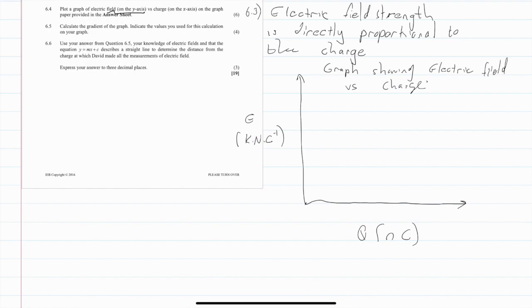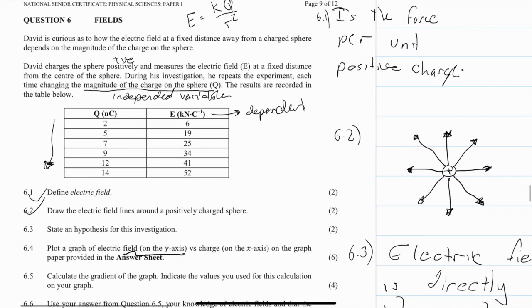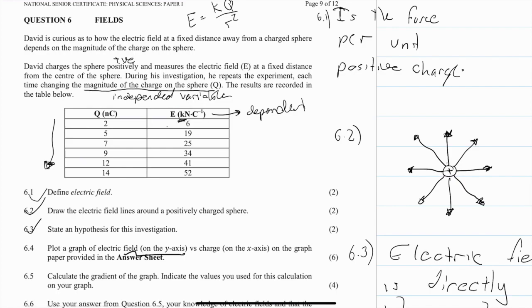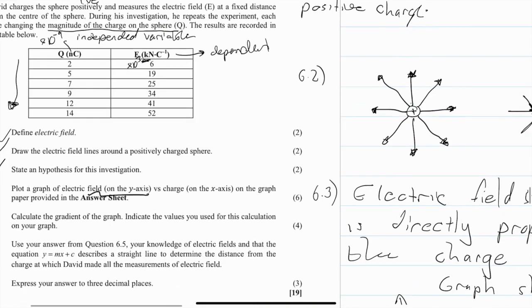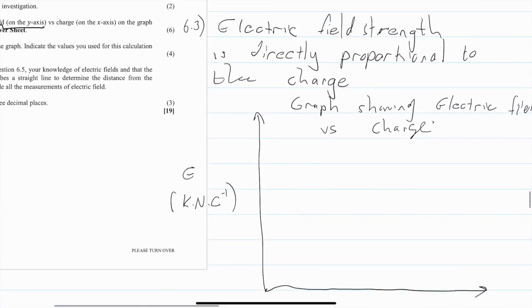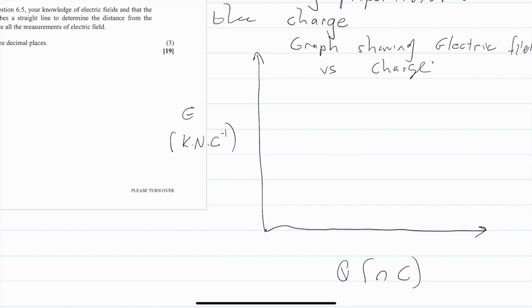Important for when we have to do some calculations, that this is times 10 to the 3 and this is times 10 to the minus 9. Important to note that. Then if you plot your points, basically you will get a straight line, something that looks something like that.